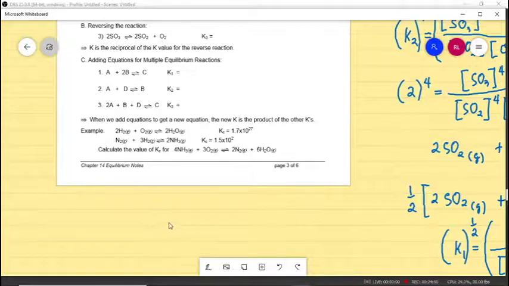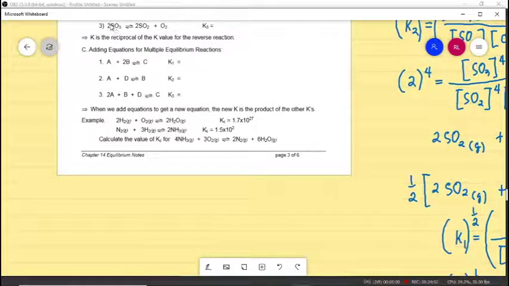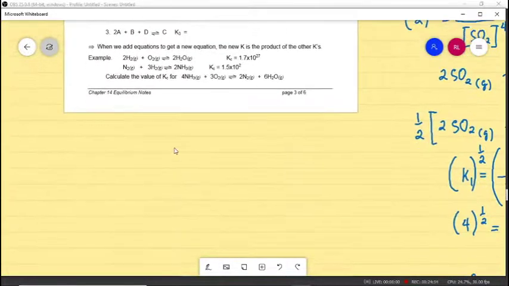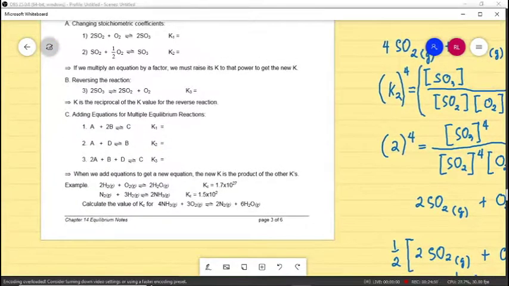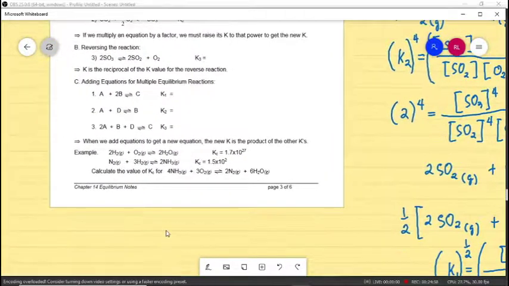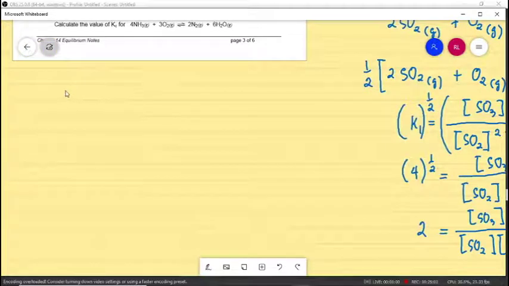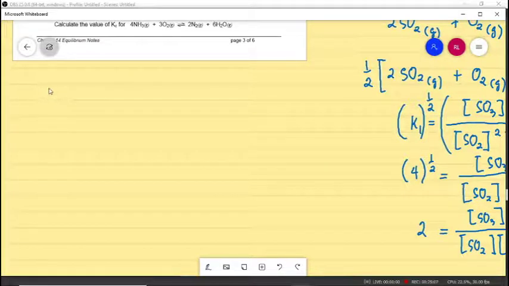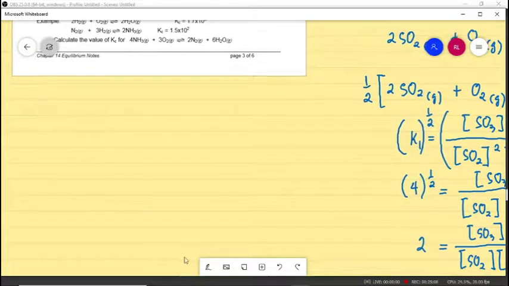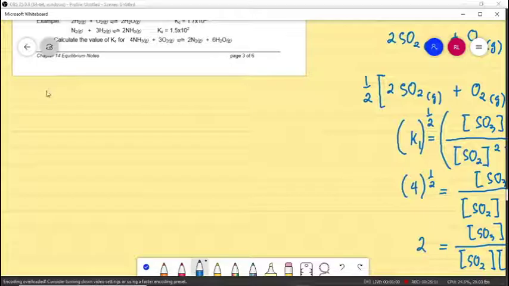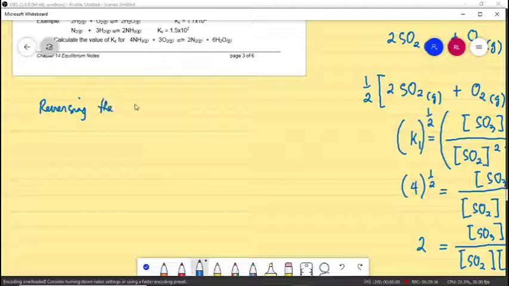Why? Let's take the sulfur trioxide as our example. This is the case of reversing the reaction.